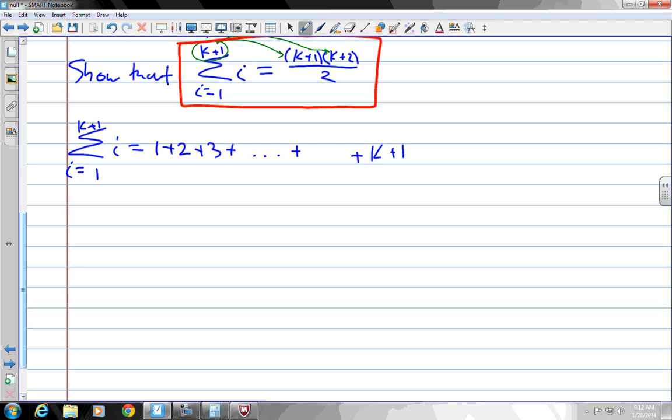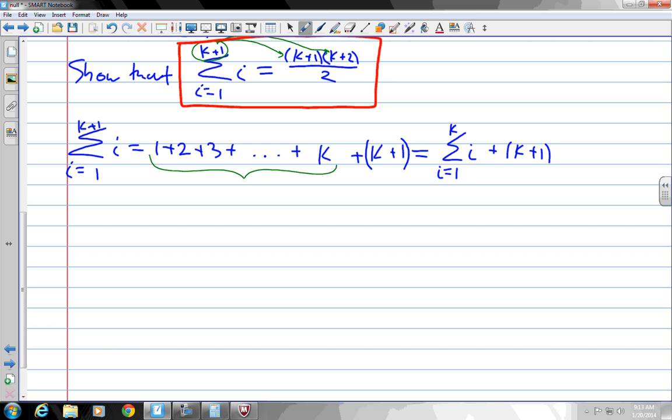What is the number before k plus 1? k. Did you hear that? If I just list them all out? Well, this thing right here is the sum of everything from 1 to k, right? So I can actually rewrite this statement as the summation as i goes from 1 to k, plus k plus 1.